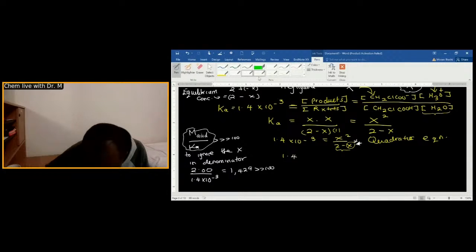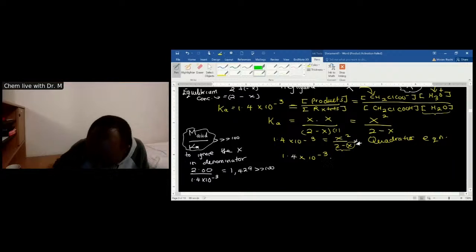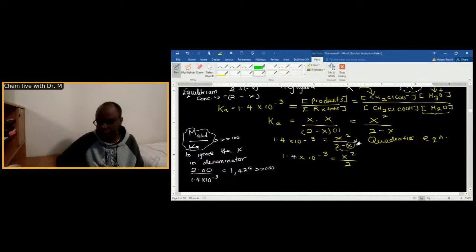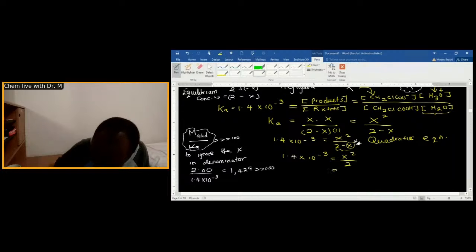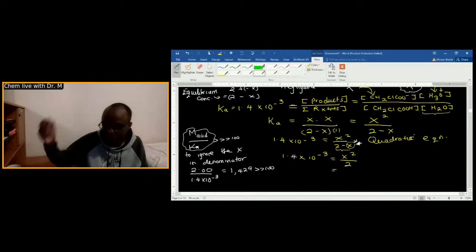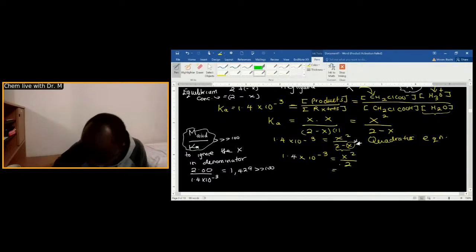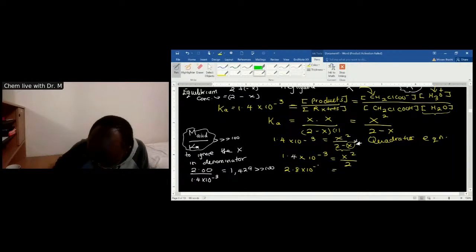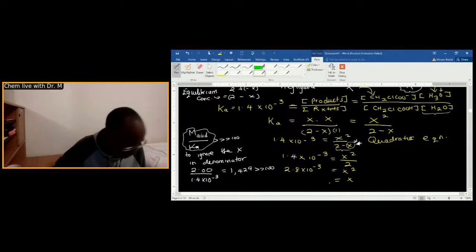And what we're going to have here is this equation. Okay, we will find the X. So this simplifies things. Instead of solving by quadratic formula or factorization, we're simply going to use this simplified equation to get the value of X, and do the square root of 2.8 times 10 to the power minus 3.